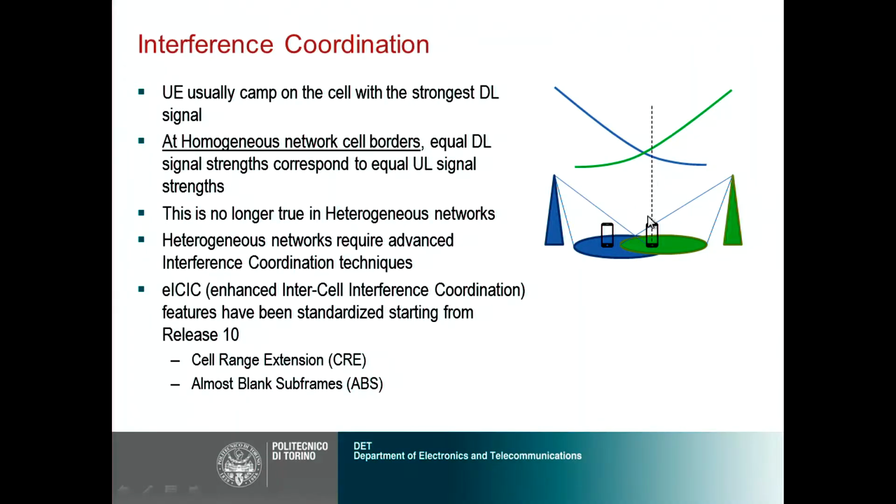So in this example here, you see there is this blue tower, and this is the path loss seen by the power transmitted by this blue tower, and this green tower here, and this is the path loss. In the area closest to the blue tower, and this is the case of this terminal here, this terminal will camp with the blue tower because this is the highest received power.